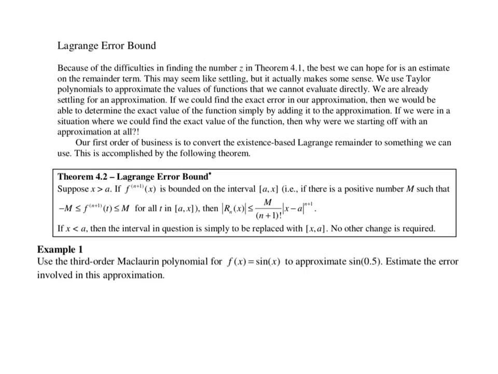So for example, let's say I wanted to find out what is the value of e raised to the 0.2 power. Well, with this, I could write a Taylor polynomial for e to the x, and I could plug in 0.2 for that x value, and I can get an approximation of what e to the 0.2 is.